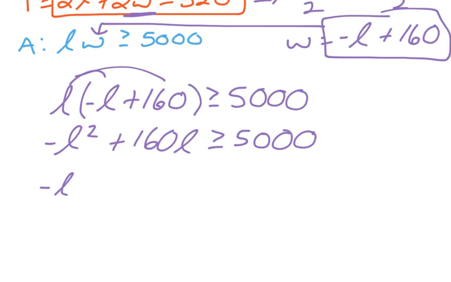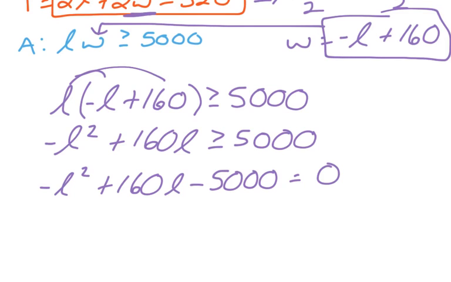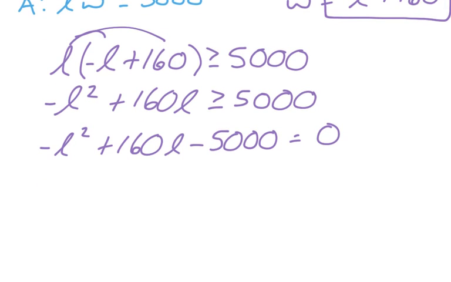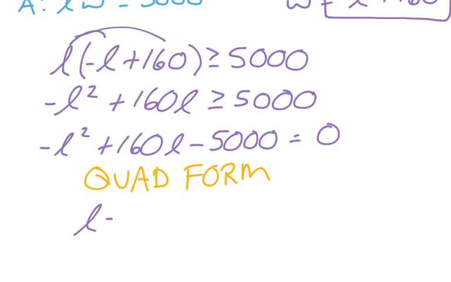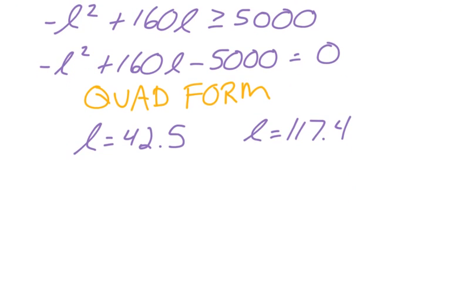We'll have negative L squared plus 160L minus 5,000 is equal to 0. We'll use our lovely quadratic formula here, and what we're going to find is that L is roughly 42.5, or L is about 117.4.